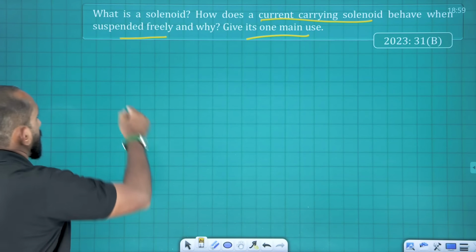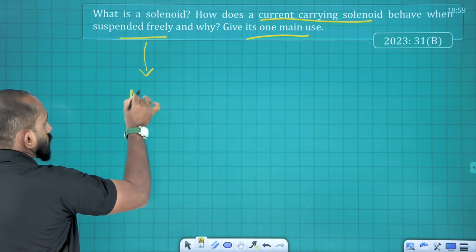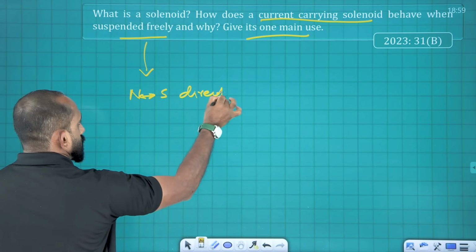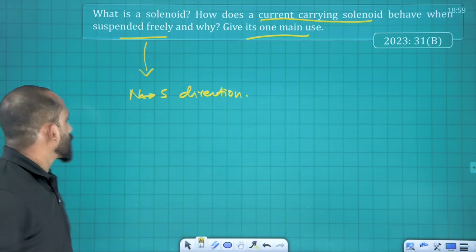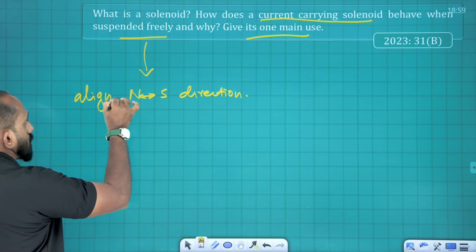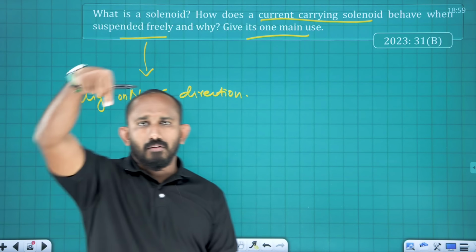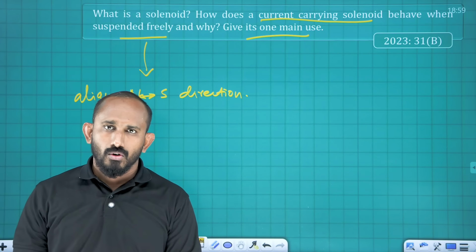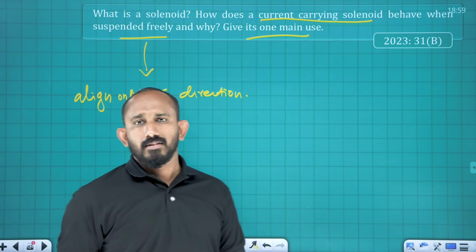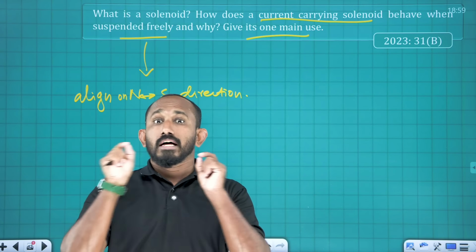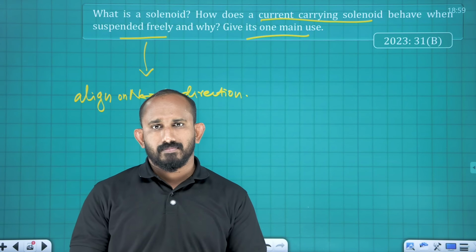So it aligns along the north-south direction, because a freely suspended bar magnet can be used to detect the direction of the place. Always it will be along the north-south direction. Solenoid also will act the same.